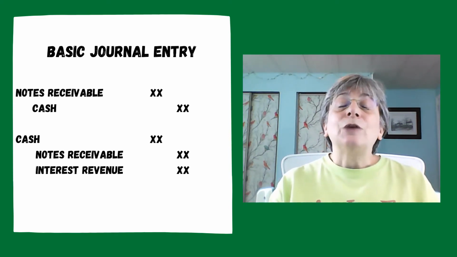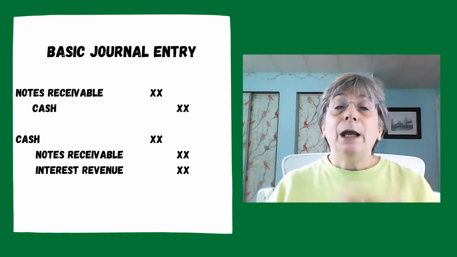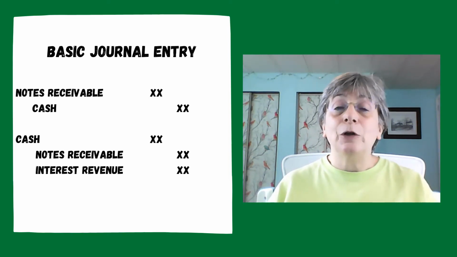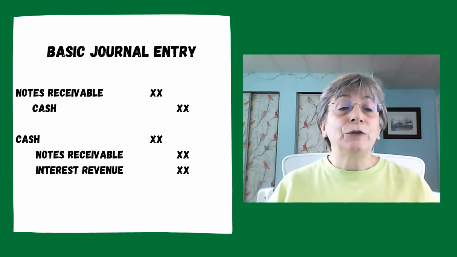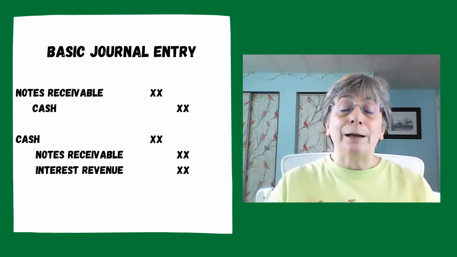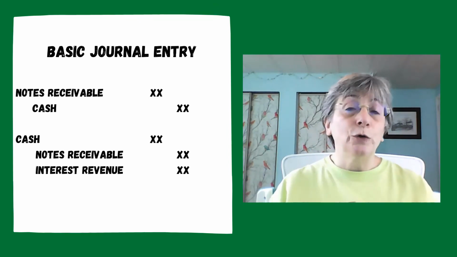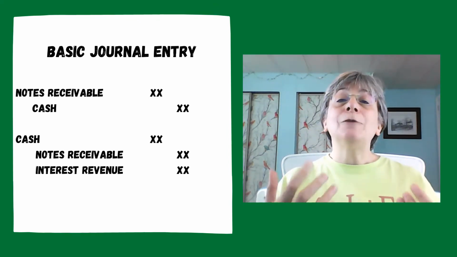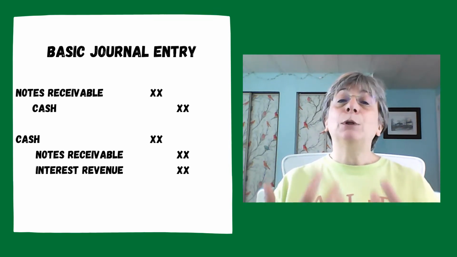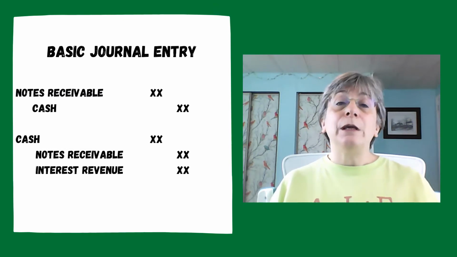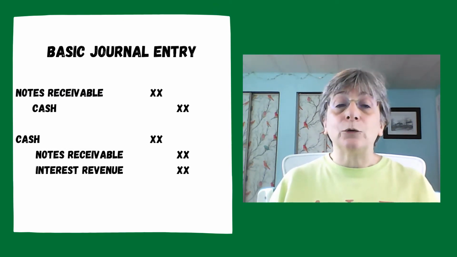So in that case, I would be handing you the money, and we would be making this journal entry on my books. I would say debit to notes receivable, and I would say cash credit to recognize that I now have less cash because you're doing something with it. So when the terms of the note are done, you're going to be giving me back the cash plus interest. Is we say a debit to cash for the amount of the loan plus the interest.